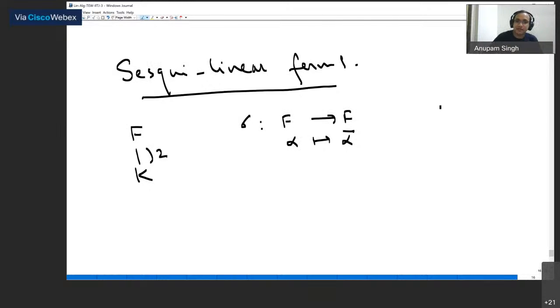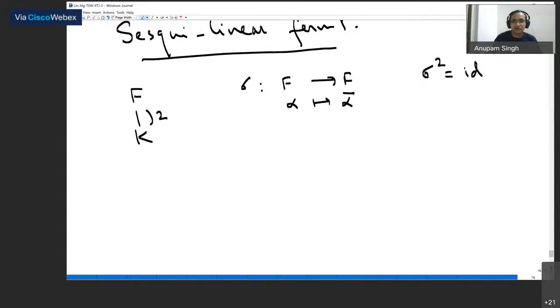This will mean that sigma square is identity, which simply says that alpha bar bar is just alpha. Okay. So now we begin with a vector space V of dimension n over F.